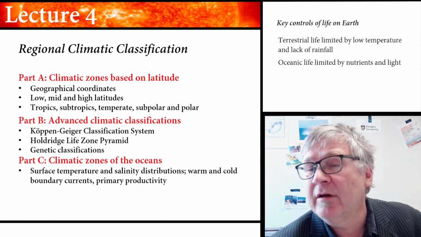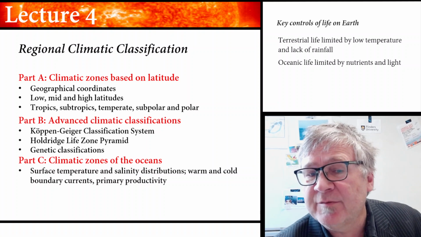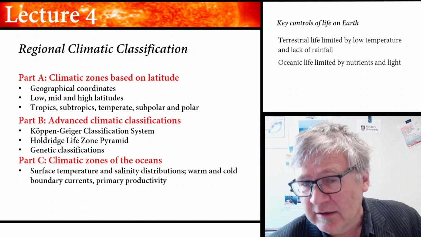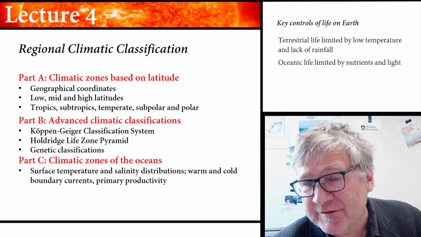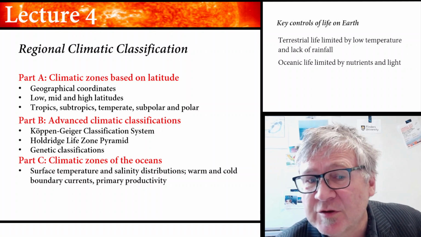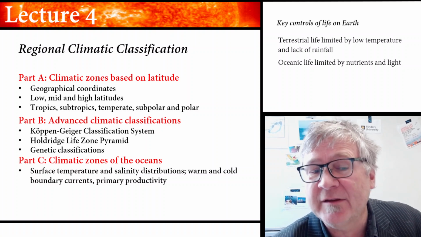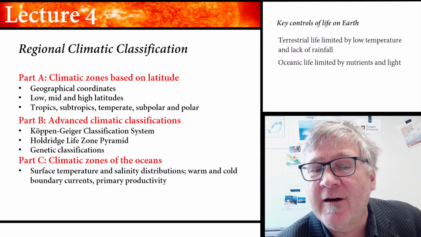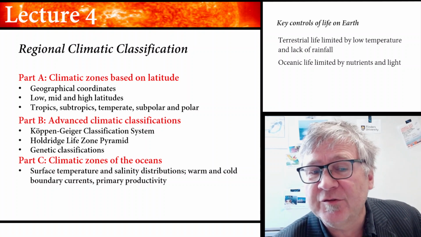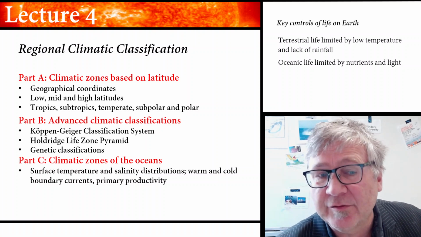In the first part, we start as basic as possible. We just look at the spherical coordinate system that we use on Earth, the geographical coordinates, and then we can define different climatic zones based on latitude.